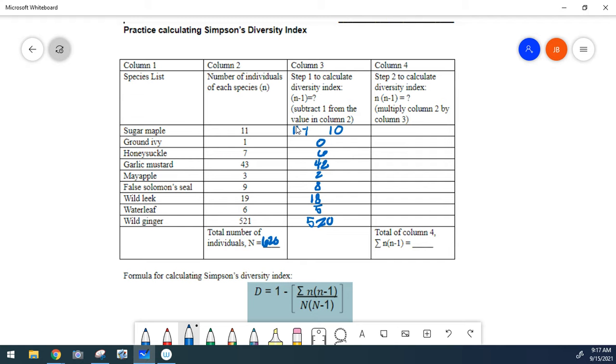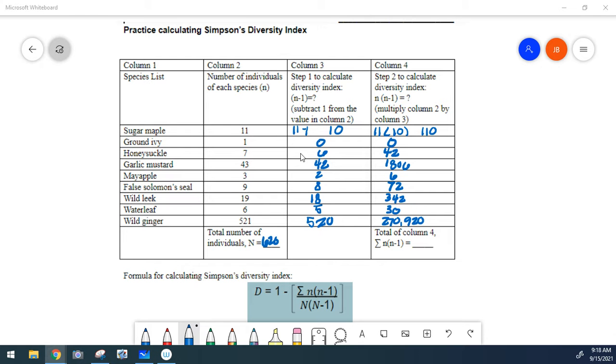All right, so we've got this column and we've got this column here. And the next thing we're going to do is n times n minus 1. So this would be n, and this is n minus 1, would be 11 times 10. So you're just multiplying across here. Then you just go down and fill in this column.